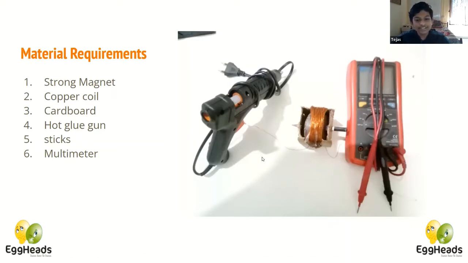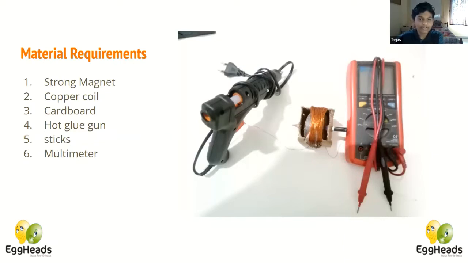The next thing that you need is a copper coil, a lot of it, because that is actually what's going to get the current from the magnet and give you the electricity. After that, you also need cardboard as your frame, a hot glue gun just to stick it up, a few sticks, you'll see why, and a multimeter to check how much voltage is being produced by the electric generator.